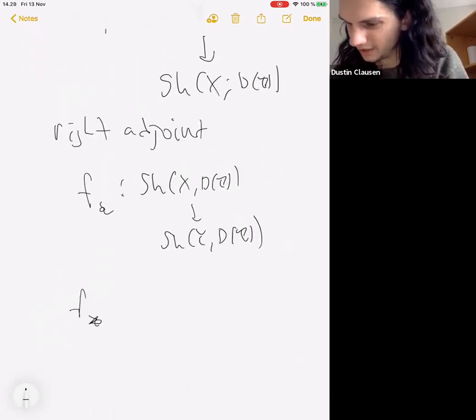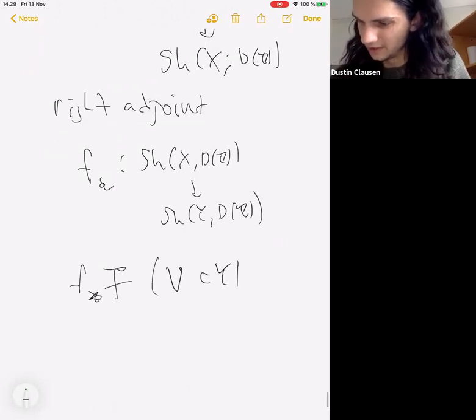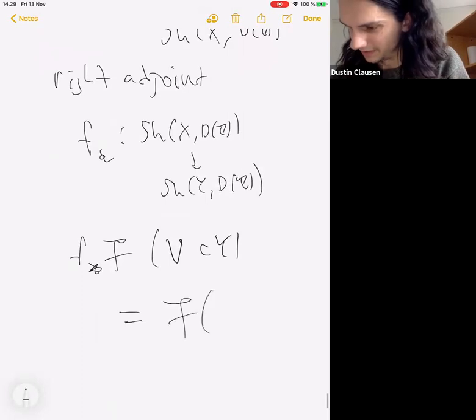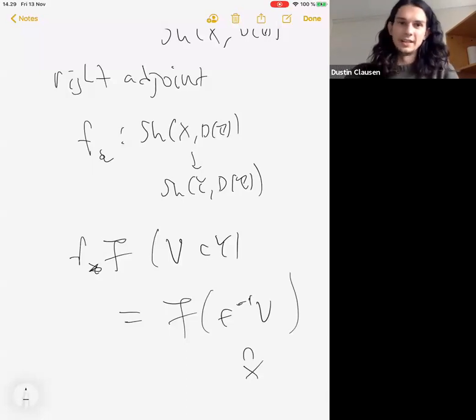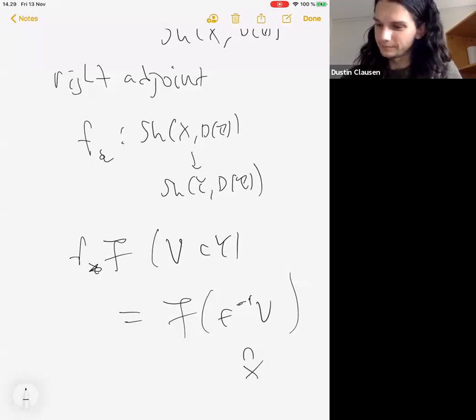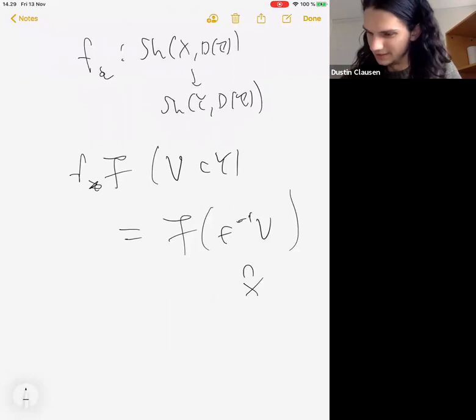If you take the right adjoint and evaluate it on V subset Y, this is just the same thing as F evaluated on the preimage of V, which is now a subset of X. So that's the classical description of the push forward, and it also works as the description of the derived push forward.